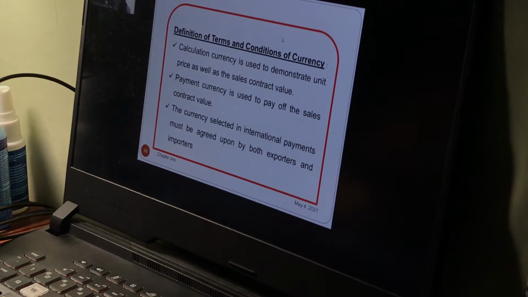For example, you sign a contract and you negotiate to use US dollars to calculate the value of the contract, to calculate the unit price of the contract, and also to pay for the contract. Is it good or not good?